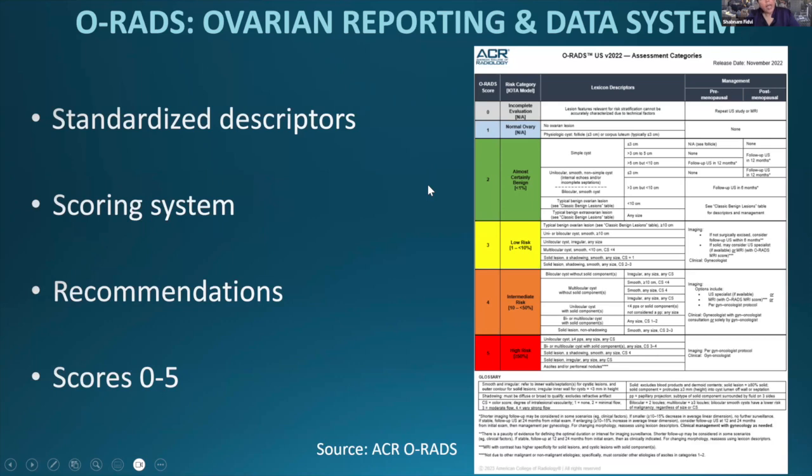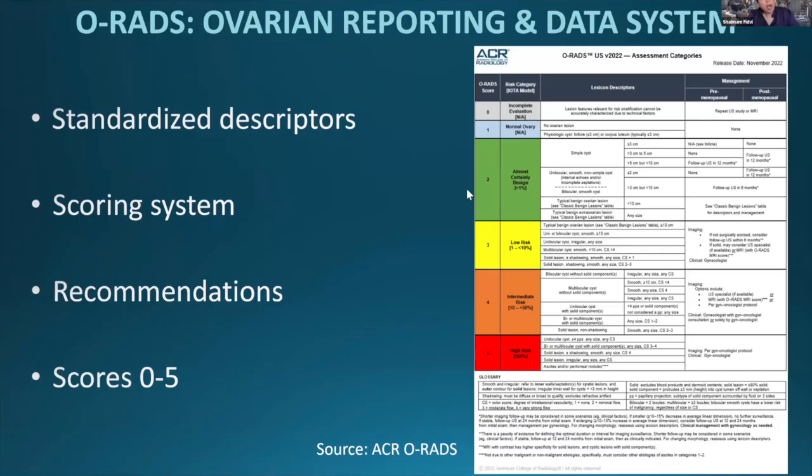Basically, O-RADS is a standardized lexicon which uses descriptors for adnexal lesions. They evaluate things like the wall of the lesion, any mural irregularity, septae within the lesion, internal echoes, and internal vascularity. Those are all features on ultrasound, obviously.